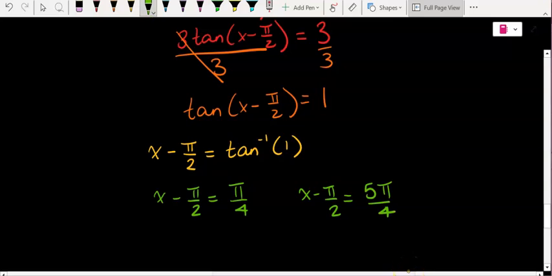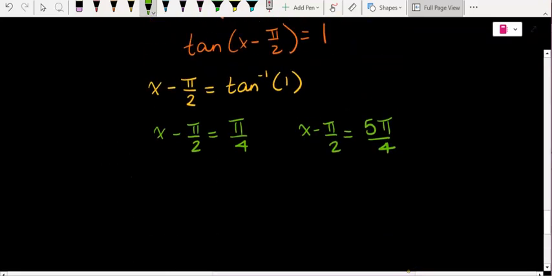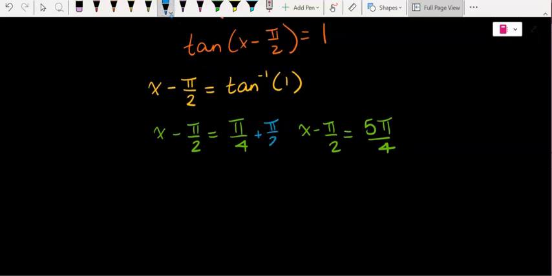Okay? And now I'm just going to go ahead and solve those. So let's add pi over 2 to both sides. So now I have x equals pi over 4 plus pi over 2. Again, I have to have a common denominator in order to do this, so I'm going to multiply this one by 2 on top and bottom, and same thing over here.